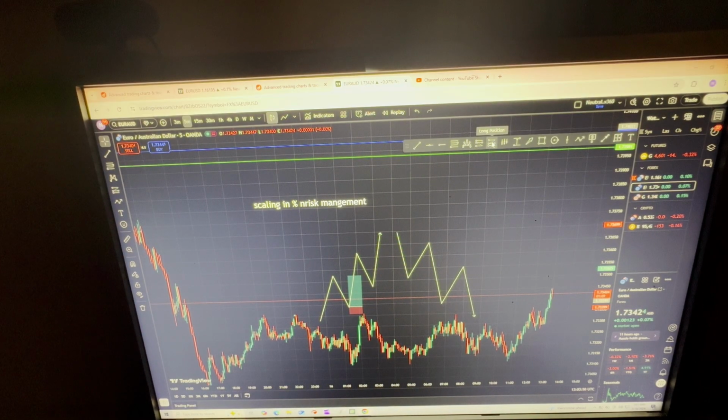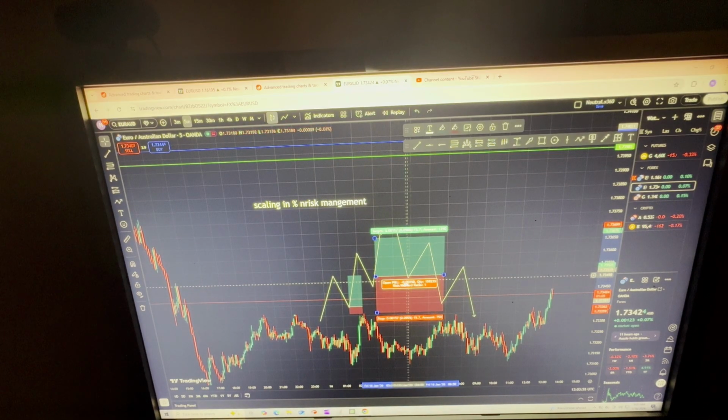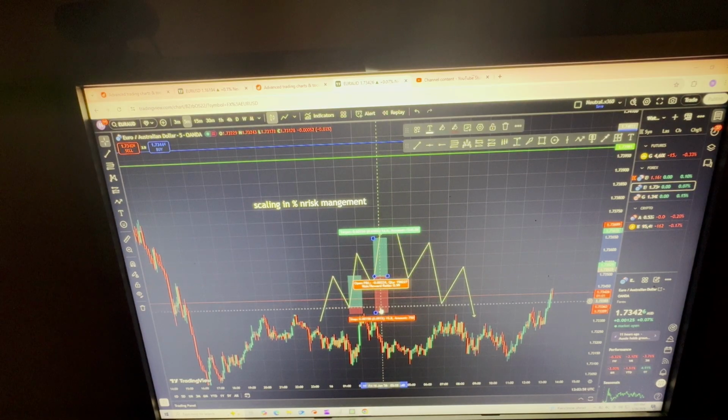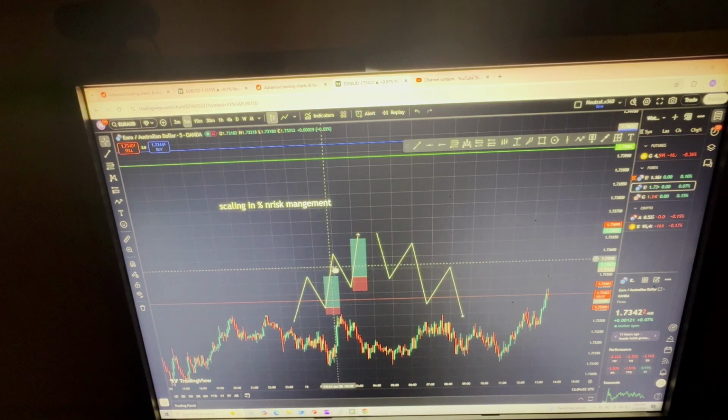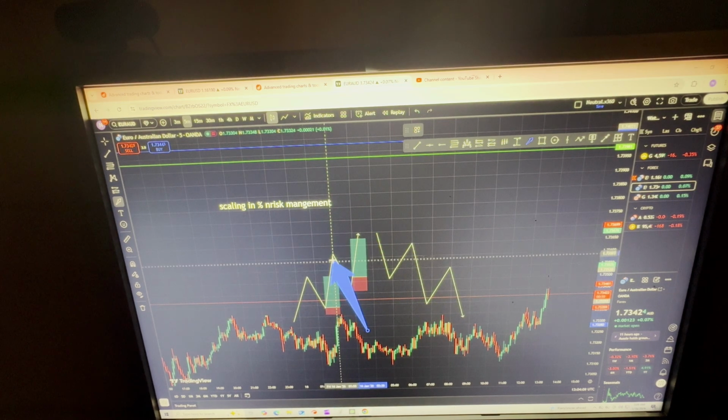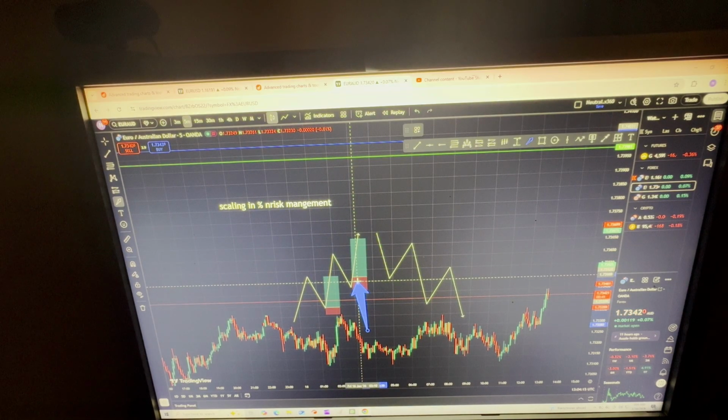Then if price comes in again, you enter again, and so on and so forth. Scaling in a trade, this is what you need to do. Once price gets in your position, you wait for another structure to form, then you get on that trade.